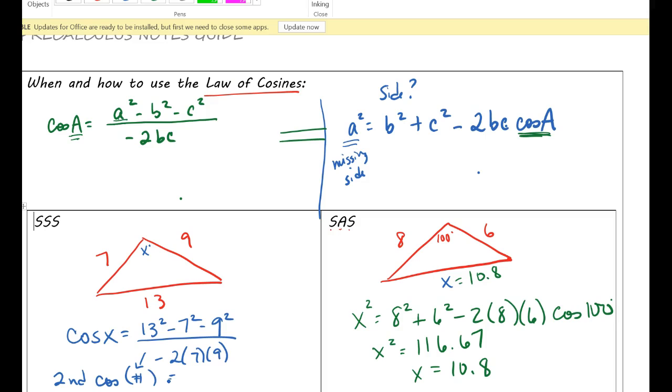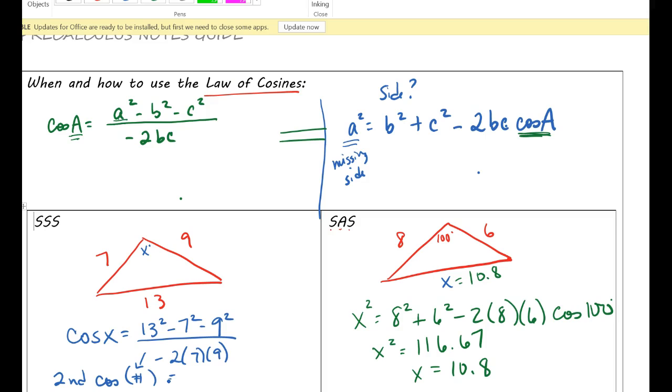Okay? And that's going to give us our angle. So let me give you a second to type all of that in. I'm actually going to do it in one fell swoop. I'm going to go ahead and type second cosine, and then in that parenthesis, I'm going to enter all that mess in. So on my top, I've got 13 squared minus 7 squared minus 9 squared.